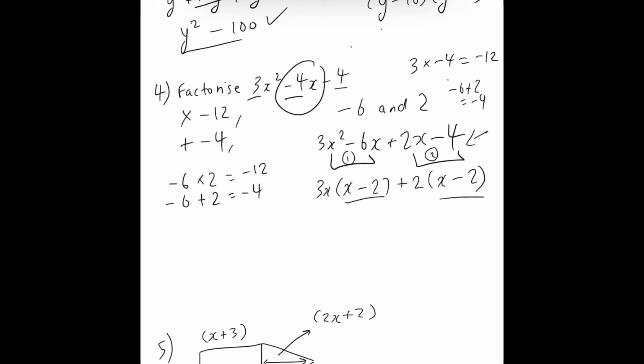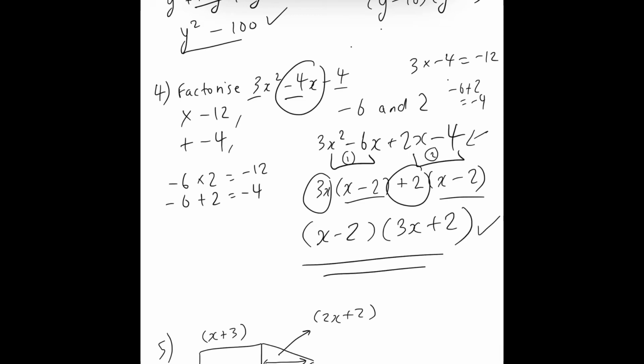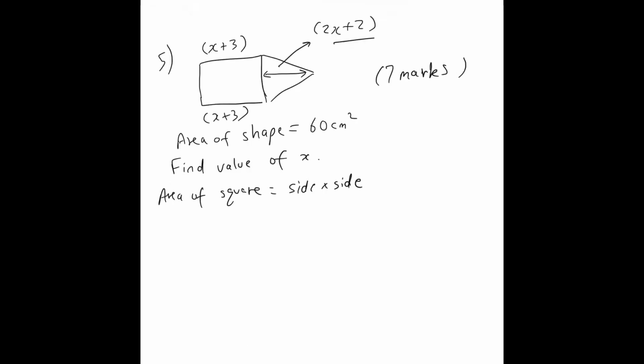Since you have x minus 2 in both, you combine them to get x minus 2, brackets 3x plus 2. This is your answer, and it is correct.